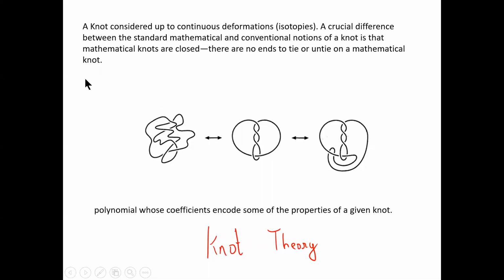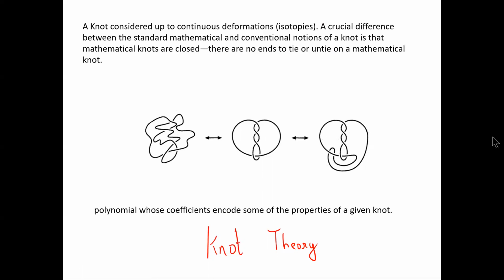You're allowed continuous deformation. So here you can take this and deform it into something like this. You can also deform it to something like this. But if the number of crisscrossings, or the number of knots, does not change, then we can say that it can be considered a knot.